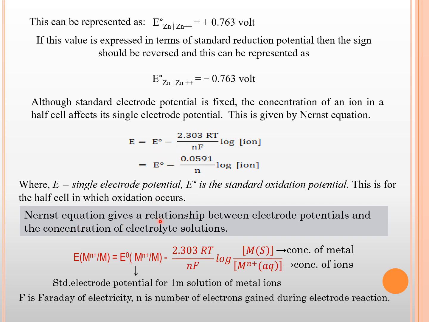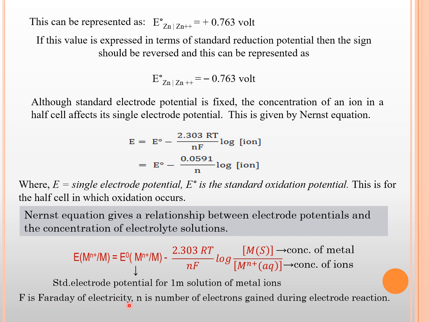The Nernst equation gives a relationship between the electrode potential and the concentration of electrolyte solution, and we represent it by another form of the Nernst equation. E is equal to E0 minus 2.303 RT divided by NF log of concentration of metal ions, where the square bracket denotes concentration, and E0 is the standard electrode potential for a 1 molar solution of metal ions.